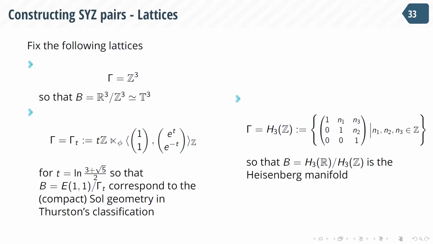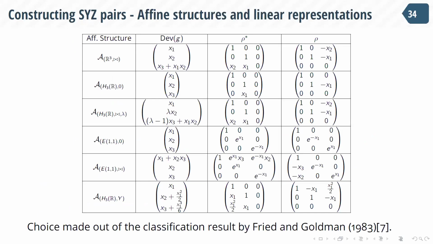And also by choosing this particular lattice inside the E(1,1), we obtain a compact manifold that corresponds to the Sol geometry in Thurston's classification. So we then have chosen some particular affine structures for every three-dimensional Lie group.